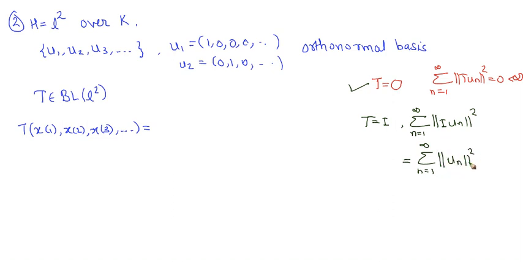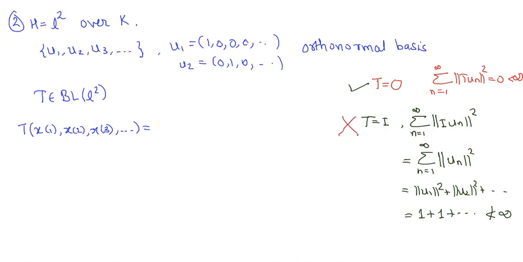So the sum is norm of u1 squared plus norm of u2 squared plus and so on. So this is 1 plus 1 plus and so on, which is not convergent. Right? This is an infinite sum. So if I take T equals identity, then it is not going to be a Hilbert-Schmidt operator.